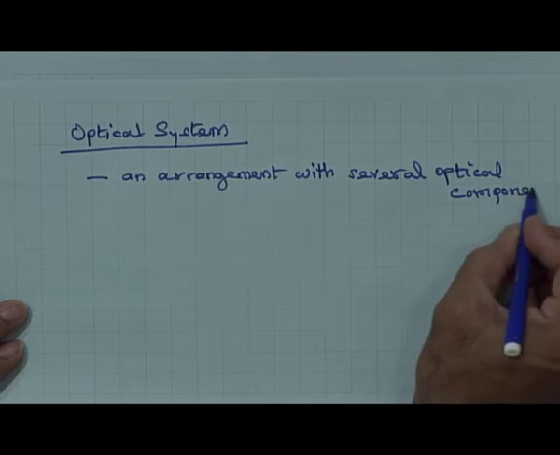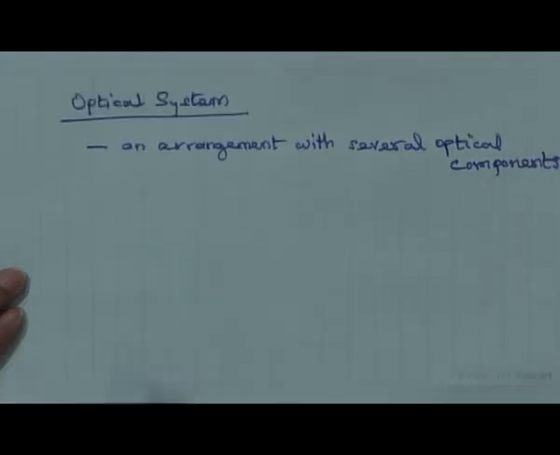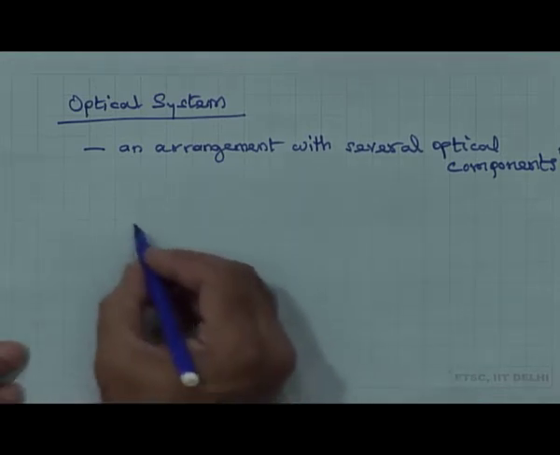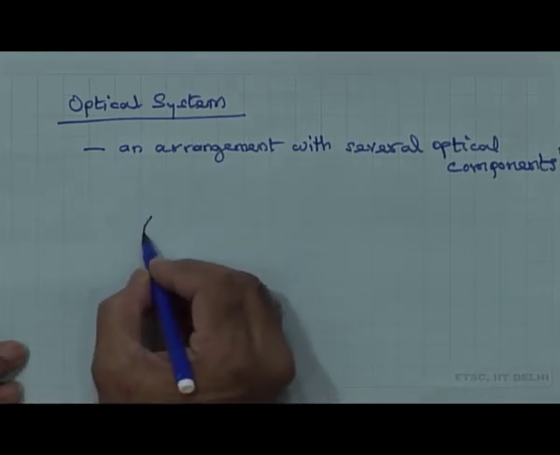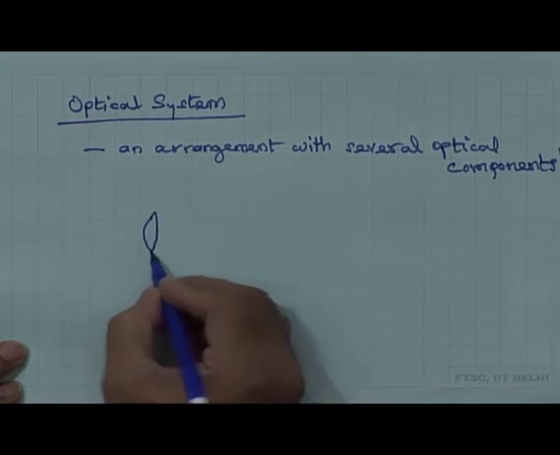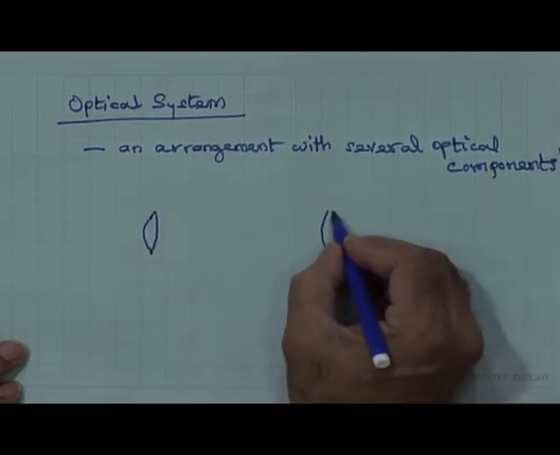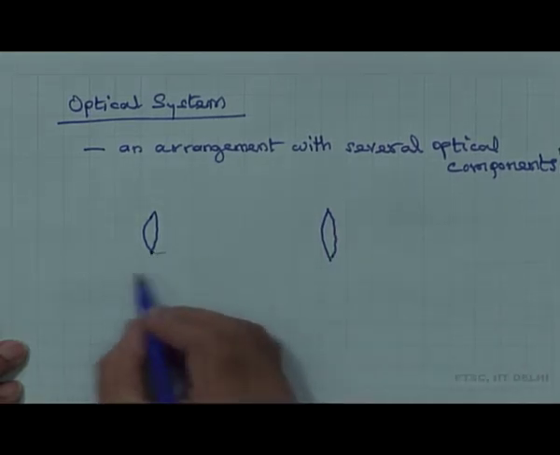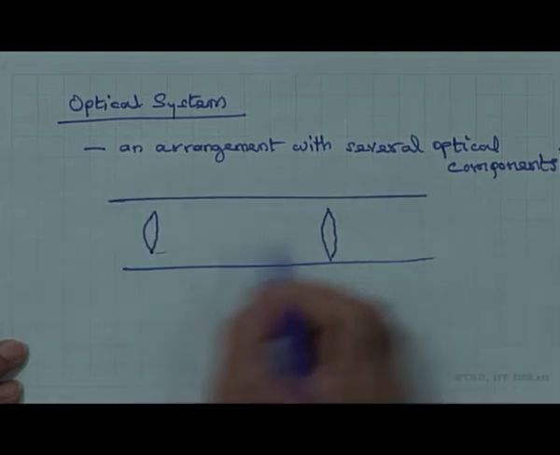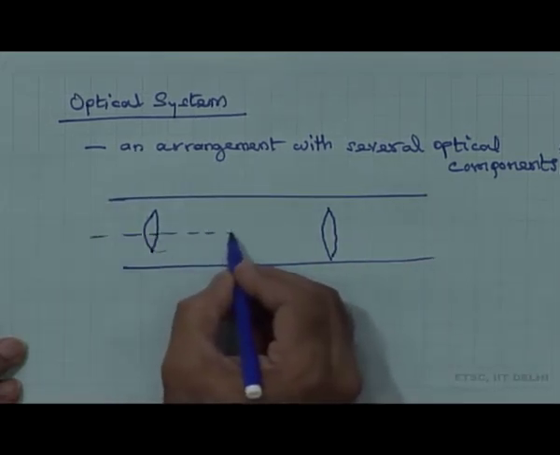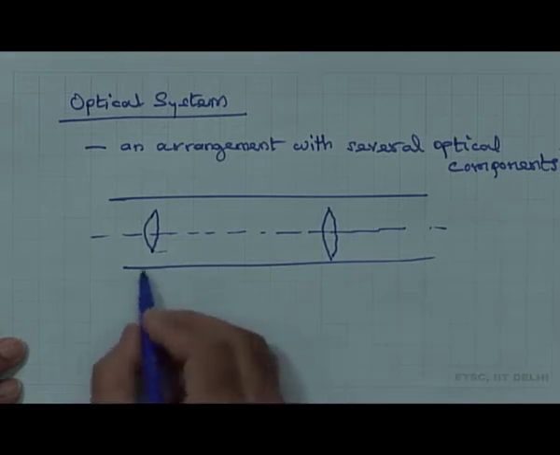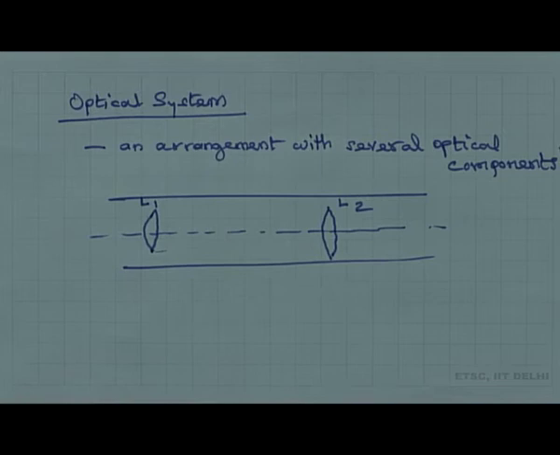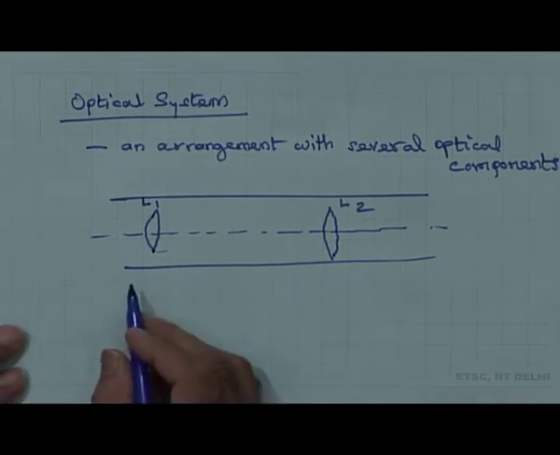Of course, to form some device, like for example, we will discuss later the optical microscope, where we will see that there will be one lens here and another lens here, and they will have a certain separation between them. I am not discussing any detail here. So, this is the axis of the optical system. There is one lens L1 and one lens L2. I just want to explain what is meant by this small aperture approximation.